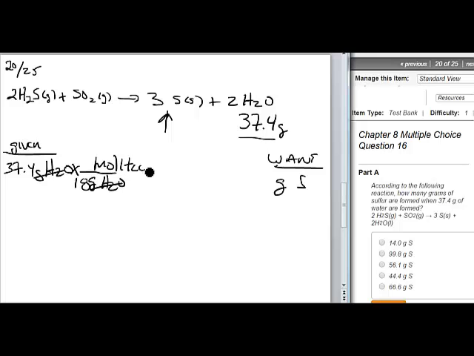And we have to cancel now moles of H2O and make that moles of sulfur. Here's where the stoichiometry comes into it. It's a 2 down here. It is a 3 up there. And then we want to get grams, so we have to just put down moles of sulfur and put up grams of sulfur up there. Cancel those. And then you're going to want to put the right number of grams in there, and that'll give you your answer to this problem.